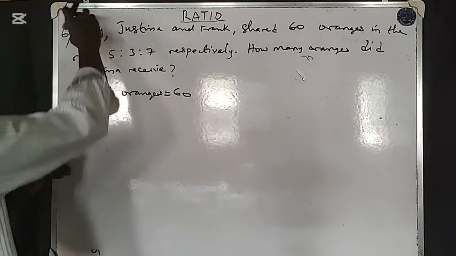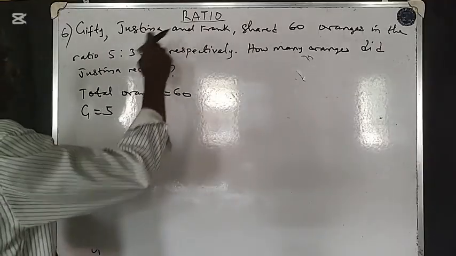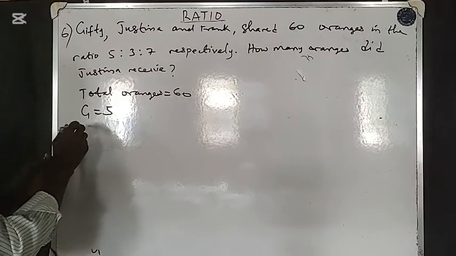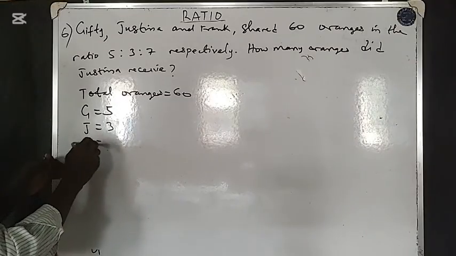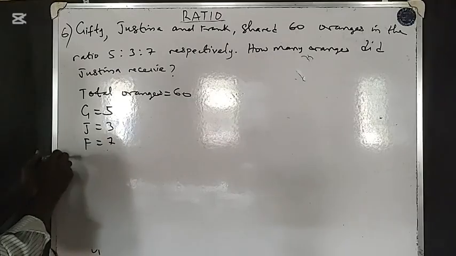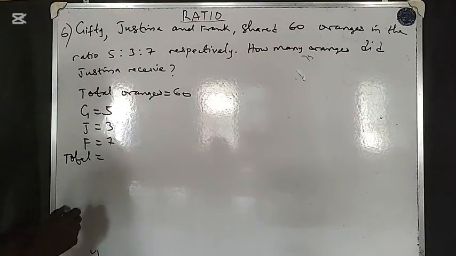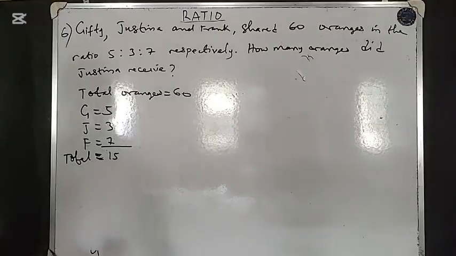First person goes for first ratio, second for second ratio, third person goes for last ratio, right? So Gifty ratio 5, Justina ratio 3, Frank ratio 7. Total ratio will give us what? 15, right?